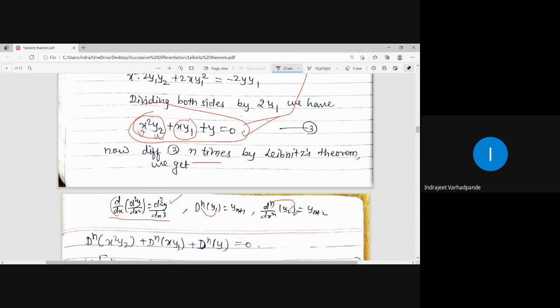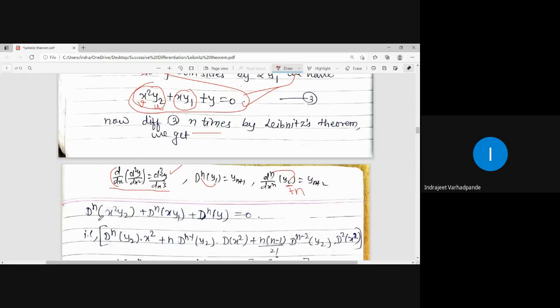Okay? Whatever is the suffix over here, add n to it. Simple. Whatever is the derivative given, no confusion to keep in mind. So differentiating this n times by Leibniz theorem, dn of this plus dn of this plus dn of this, it will come like that.